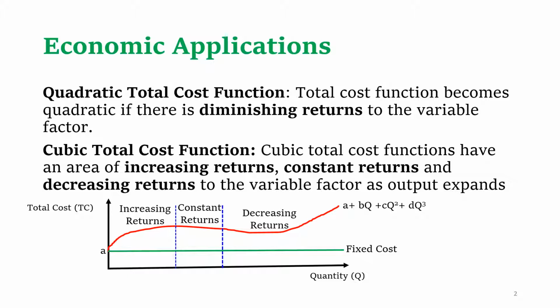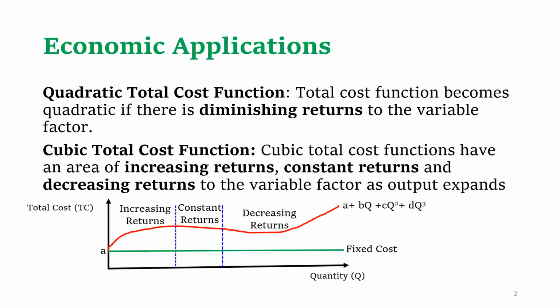Now, if you look at the graph here, the horizontal line is the fixed cost, which is A. And then you have the variable cost, which is given as BQ plus CQ squared plus DQ cubed. So we have the fixed cost and then the variable cost for the cubic total cost function here.